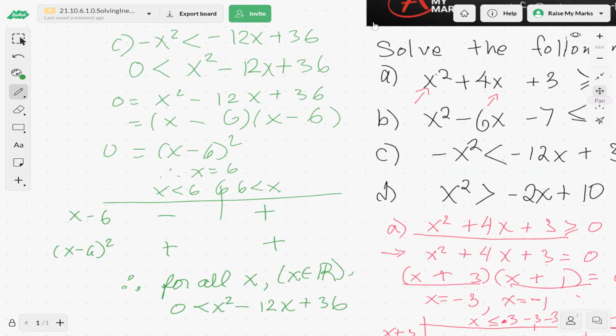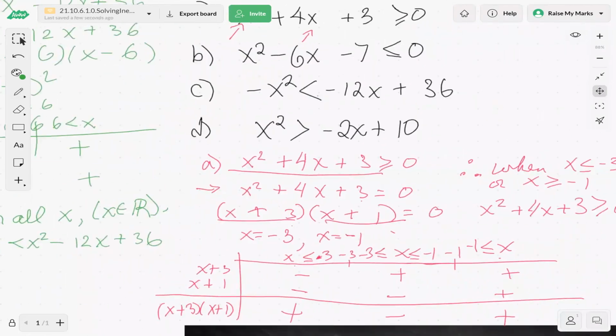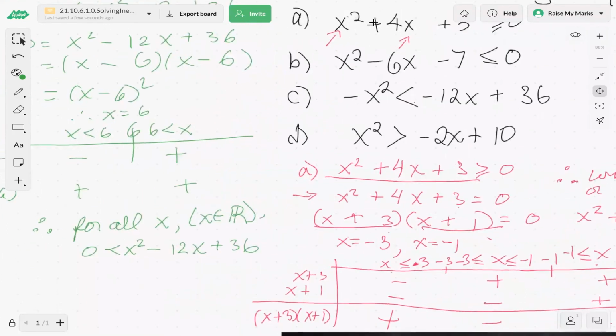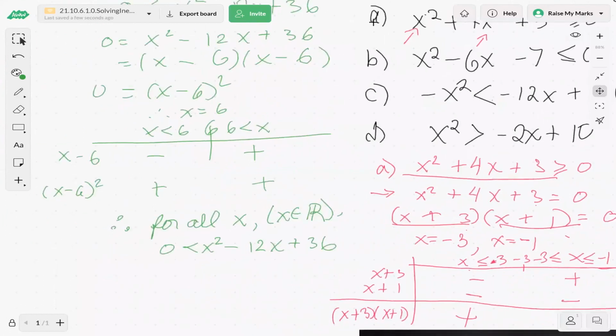All right. Now let's look at part D, last one. Actually, let's go back to part C, not all x, for all x. So let's have a look: our inequality is strict.